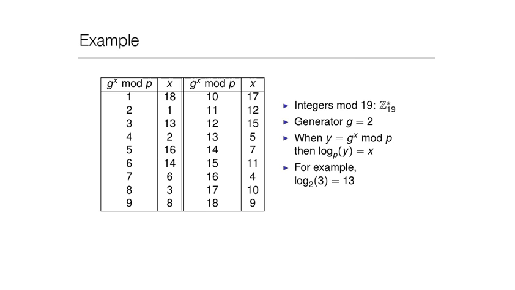The generator is g, and when y equals g to the power x mod p, then log base g of y equals x. For example, log base 2 of 3 is 13. So you can see that g to the power 13 is going to be 3. Likewise.